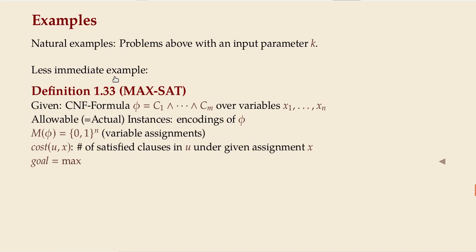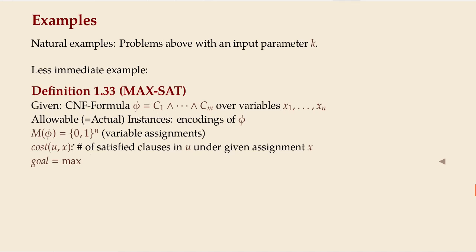Another example that's maybe a bit less natural, but because SAT is the mother of all NP-complete problems, we should also have an optimization problem for SAT. And we can define max SAT, at least for all formulas in conjunctive normal form. So we have a formula that's formed as a conjunction of clauses.